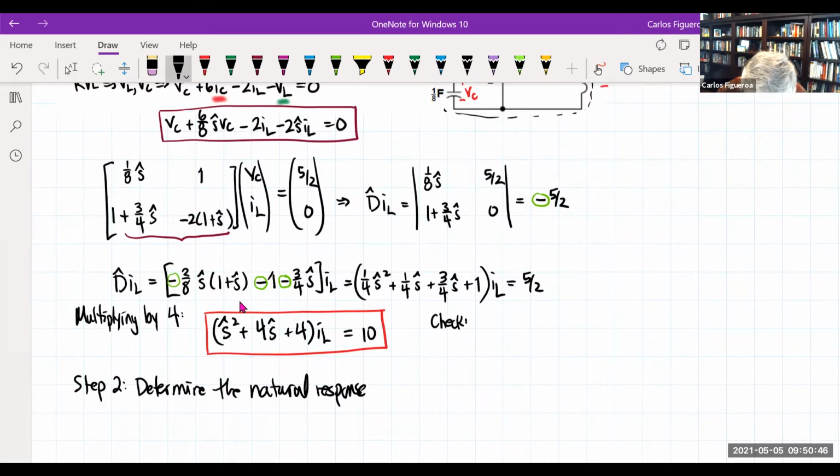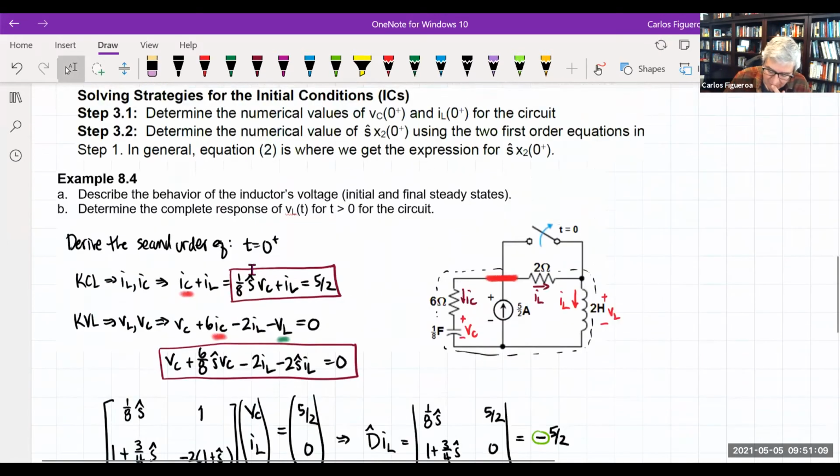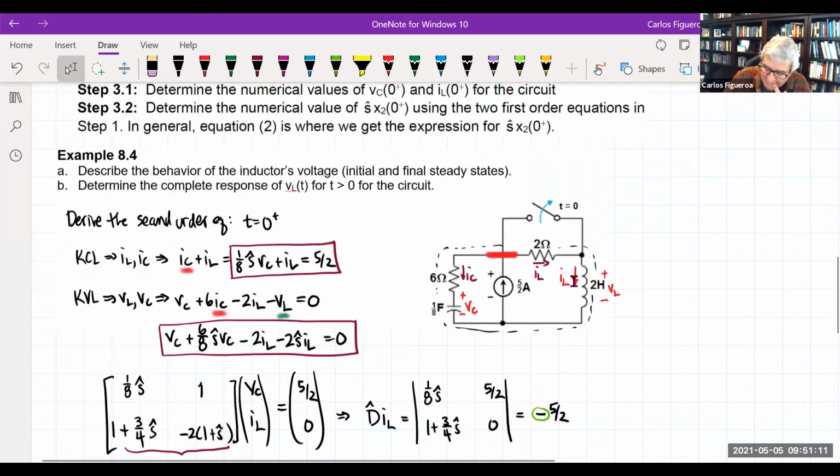So if IL at infinity is a constant, if I plug this guy in here, what is this thing? I get 0 plus 0 plus 4b equals 10. That tells me then that b has to be 5/2. Does that match up with the circuit? This guy goes to a short, that guy goes to an open.